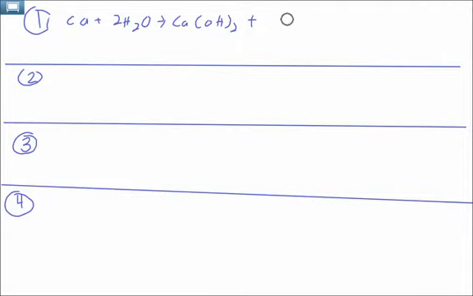So hydrogen by itself would be H2, just like we had for oxygen on that one. And since you already have a 2 there, you don't need a coefficient. The OH is by itself. Hydroxide is by itself.